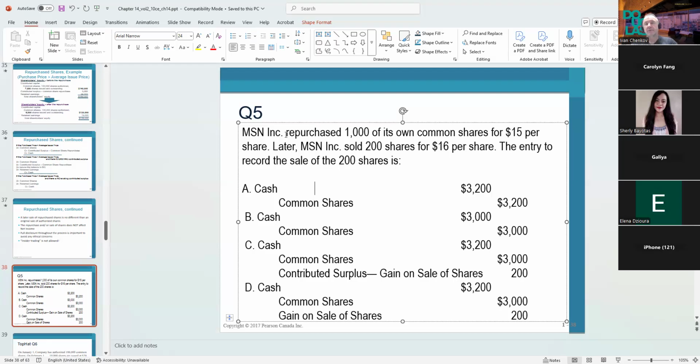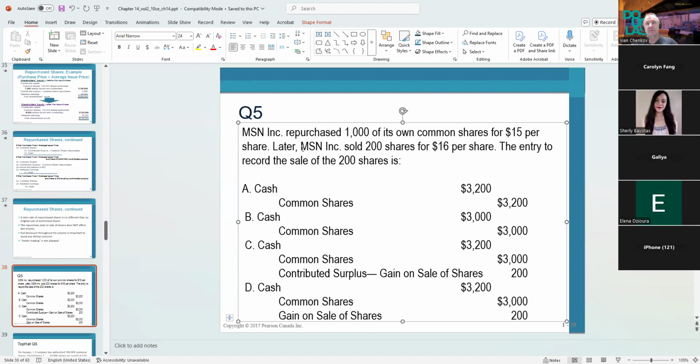Again, watch this. We don't know how much the price was. We don't have that information. I cannot say whether they repurchased those 1,000 shares originally below or above the average issue price.